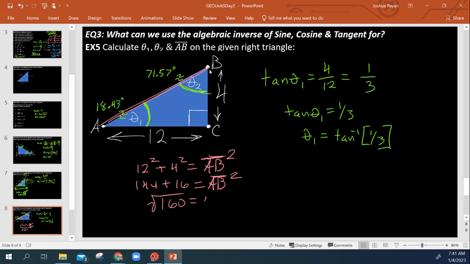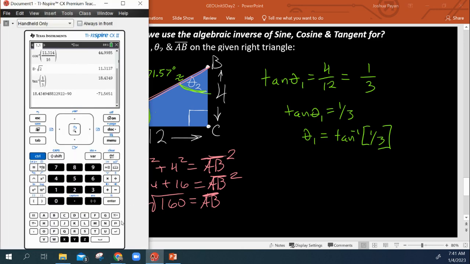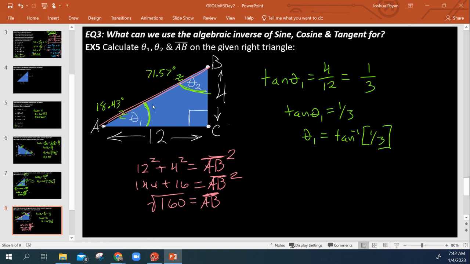And we know we're going to take the square root of that after. Okay, so square root of 160, I can just chuck that in the calculator. So that is going to give me 12.65 thereabout.